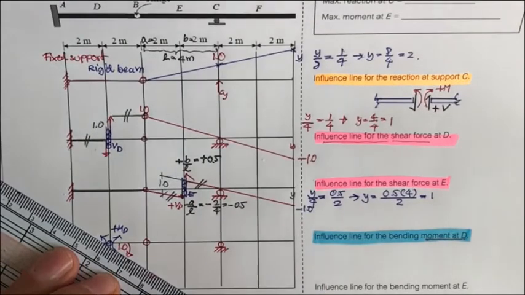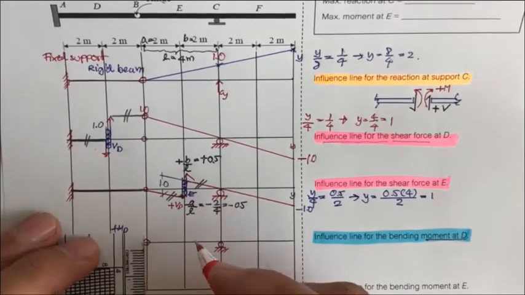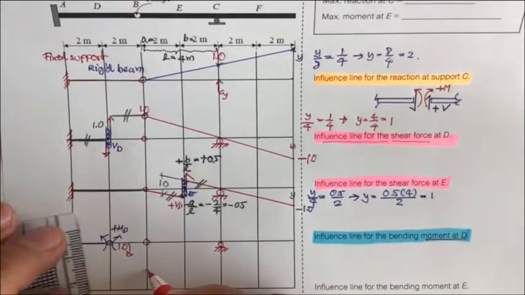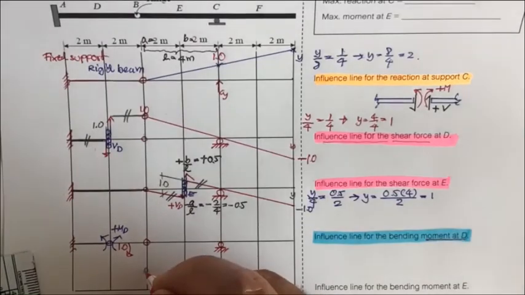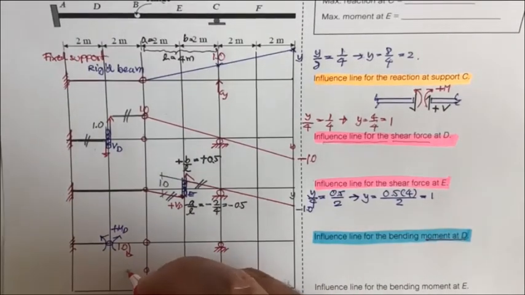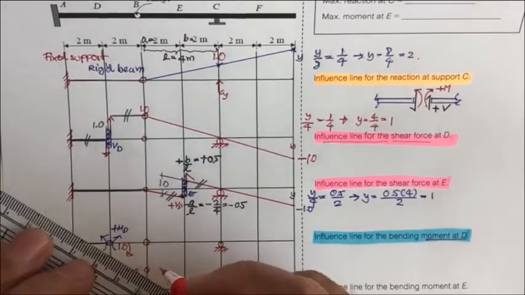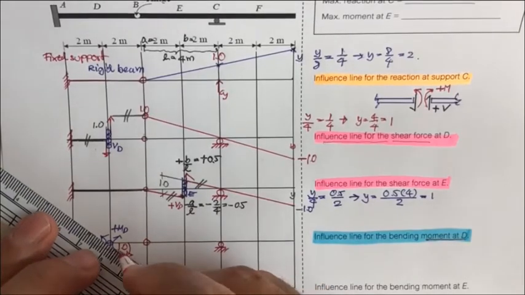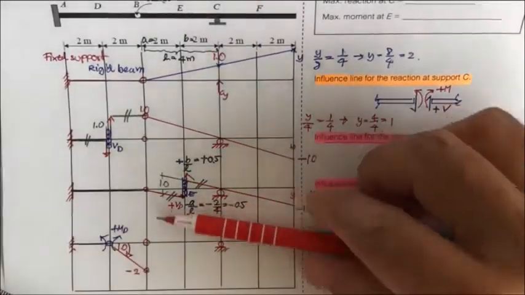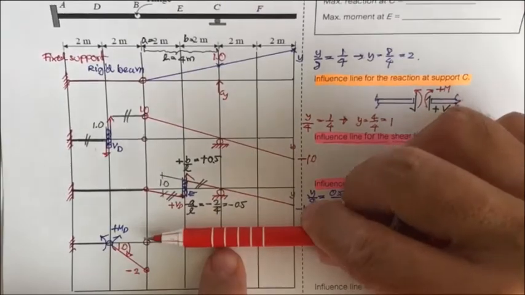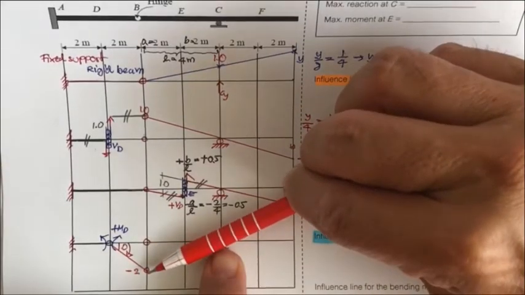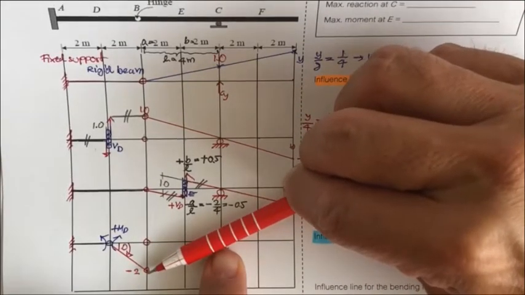Since this is 2 and is rotated by 1.0 radian, this one is going to move to here, and this is minus 2, and then you get this shape.